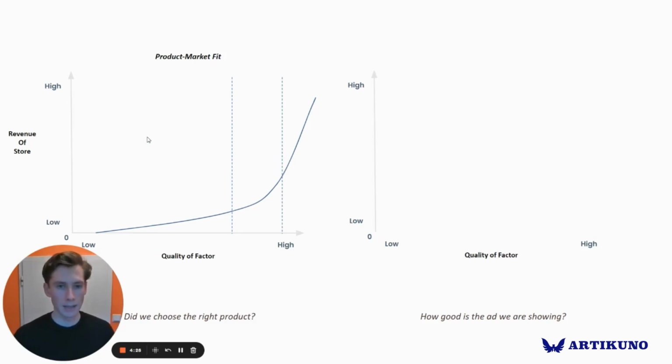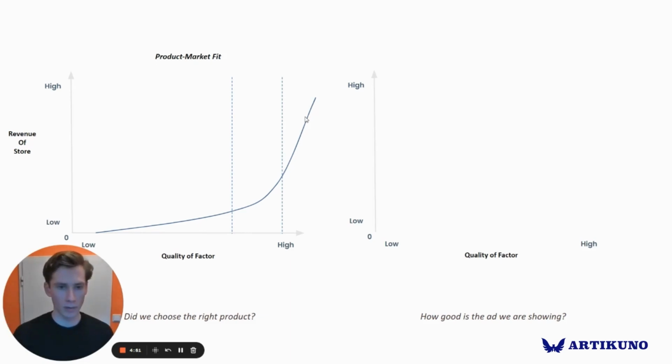Because if you're selling a bad product, no matter how good your creatives are, your targeting is, or your product pages, I don't think you're going to be making a lot of revenue. And believe it or not, if you have a great product and you found this gap in the market and it's not saturated and there is demand for it, then you can have mediocre creatives, mediocre targeting, and a mediocre product page, and you're going to do great.